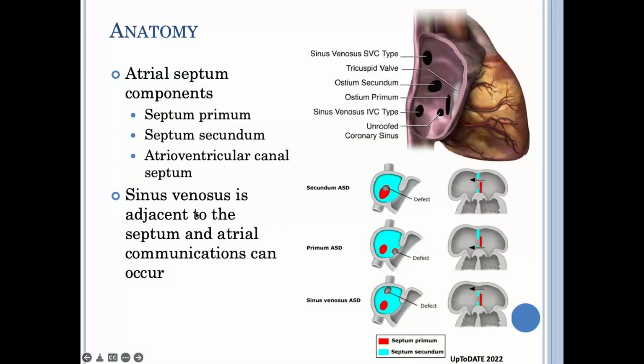And lastly, sinus venosus is adjacent to the septum and atrial communications, and it's also nicely shown in this diagram here, where it might develop, and again, in relation to the SVC or IVC, which has two types that I'll touch on later.